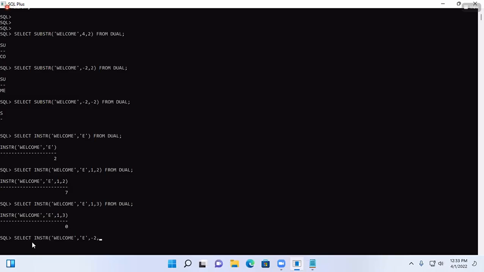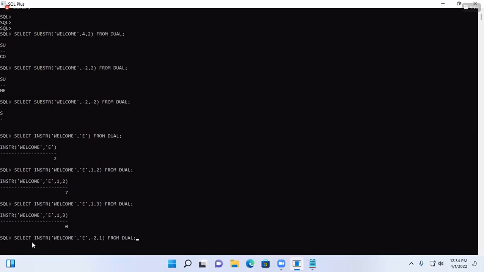From there, I wanted the first occurrence E position. -2 is nothing but M. From M, how many occurrences of E are there? Only one. That one's position, how much? 7.